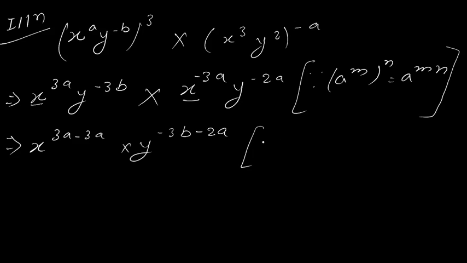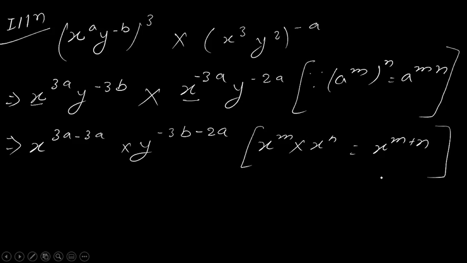What have I done? If somewhere there is x to the power m multiplied by x to the power n, then we can write x to the power m plus n. So this is the formula I have used.